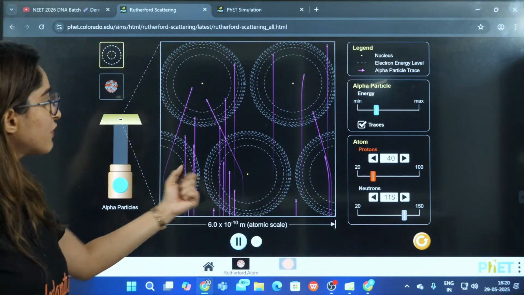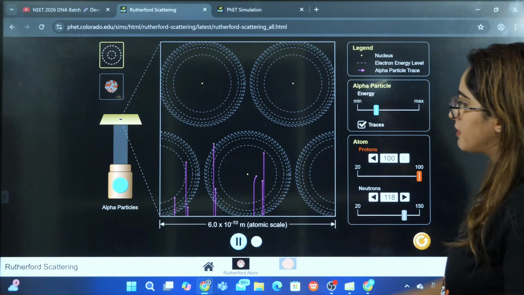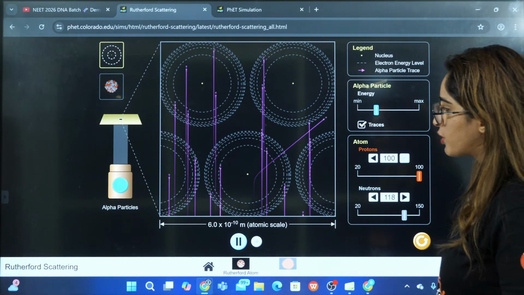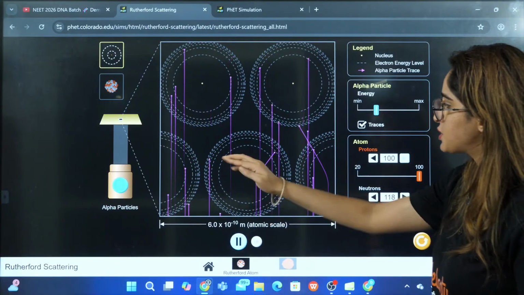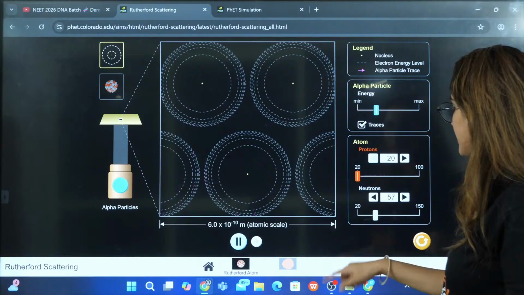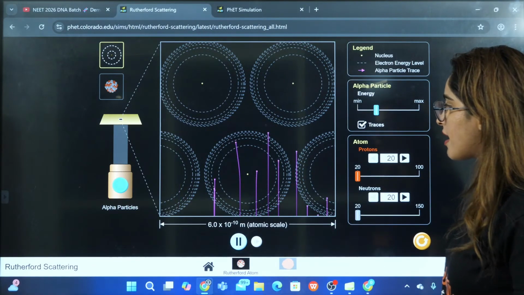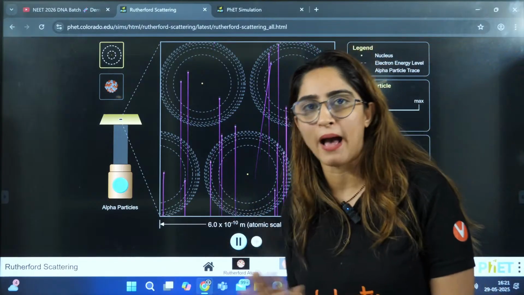That's why bouncing will be less. When I increase that positive sphere, bouncing back will be more. You can see this one deviating. But when you decrease this number, and decrease the number of neutrons also, very rarely will you see particles deflecting or bouncing back.